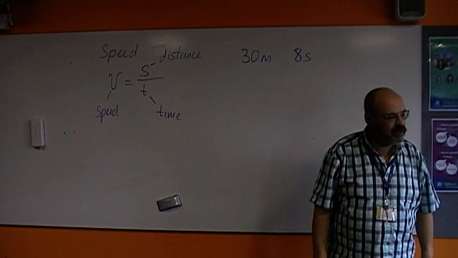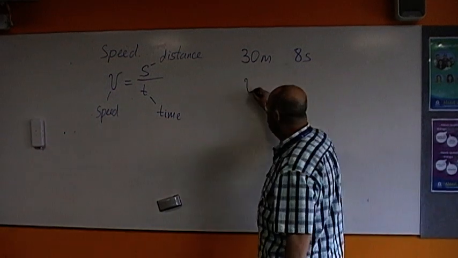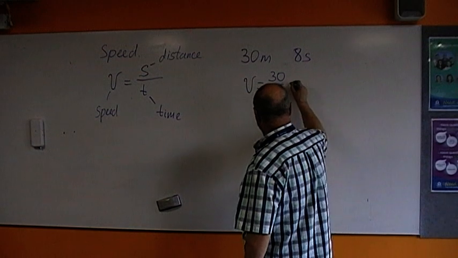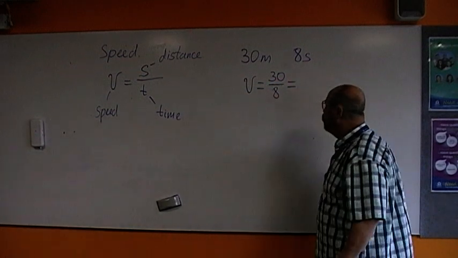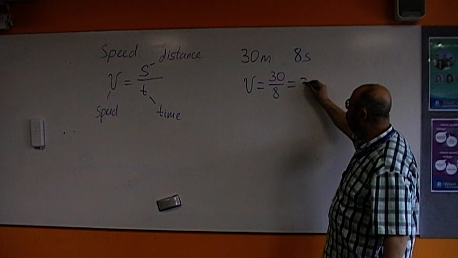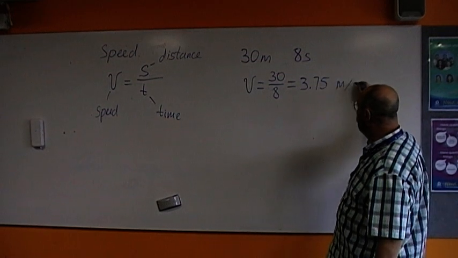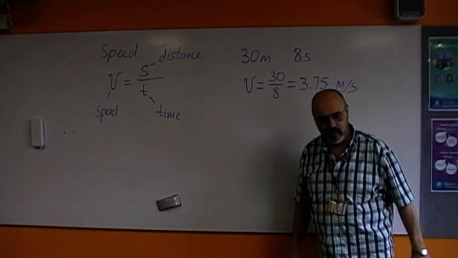How can we find speed? Speed equals distance divided by time: 30 divided by 8, and that will be 3.75 meters per second.